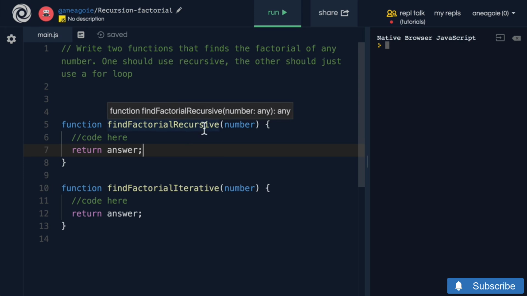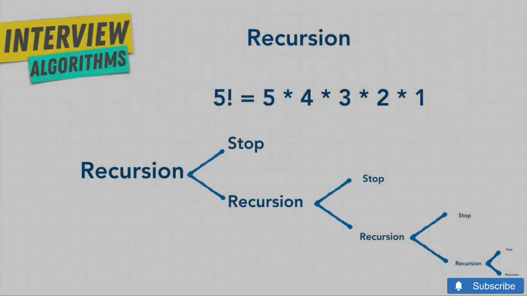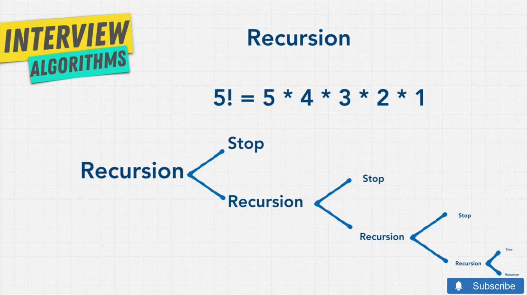But what is a factorial? A good way to think about factorial is this notation, 5 exclamation mark. Factorial simply means multiply 5 times 4 times 3 times 2 times 1. You keep going down one by one, multiplying each number until you get to 1.